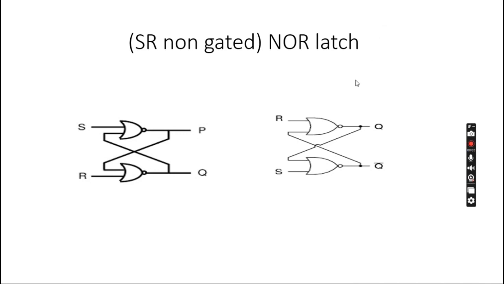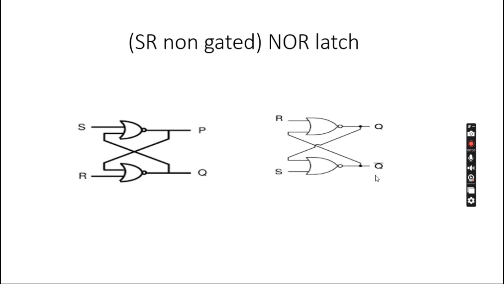In this lecture, we'll discuss about SR non-gated NOR latch. Okay, so in this, we need two input NOR gates. One thing we have to observe comparing to NAND latch. Generally, in NAND latch, straight to the yes we write Q, but here straight to the yes we have to write Q bar.